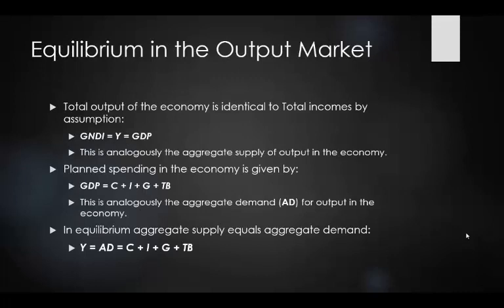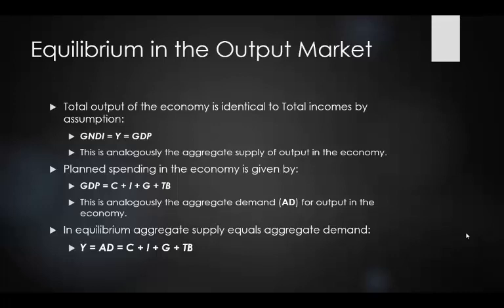Now we are ready to put together the familiar income expenditure model. The total income in the economy, Y, is equal to GDP by the accounting identity in the NIPA and the assumptions that the net unilateral transfers and net factor incomes from abroad are zero. Therefore, macroeconomic equilibrium will have that Y is equal to GDP.